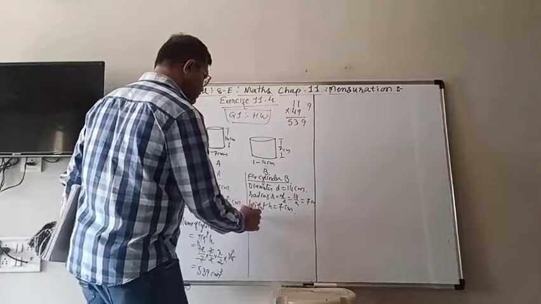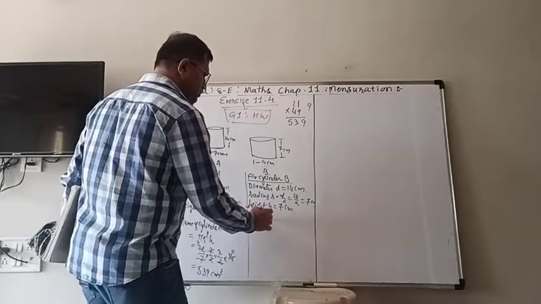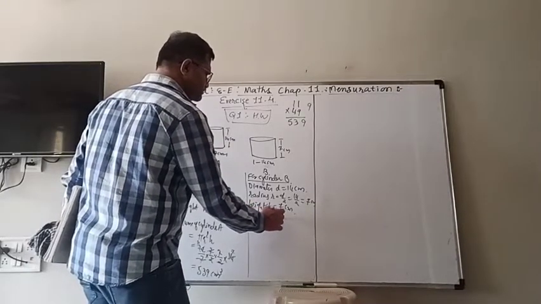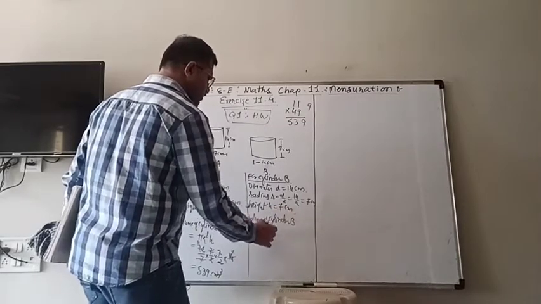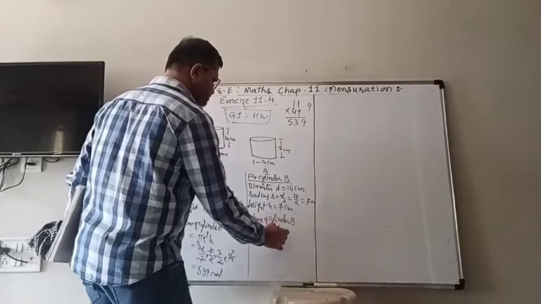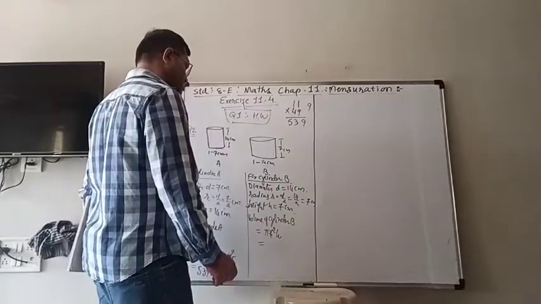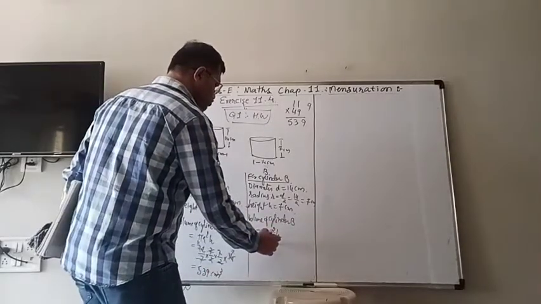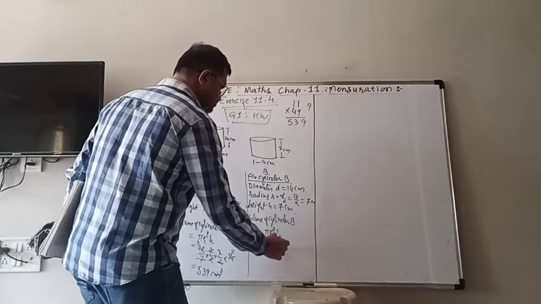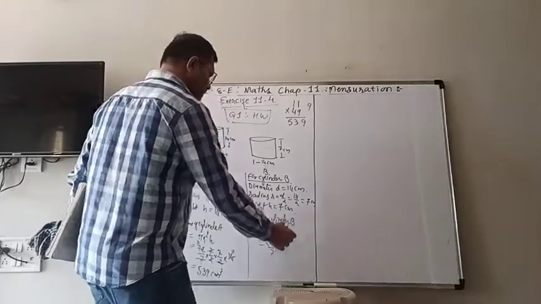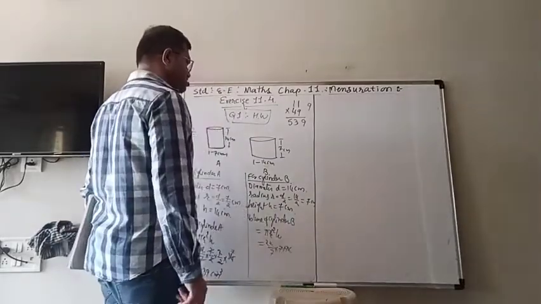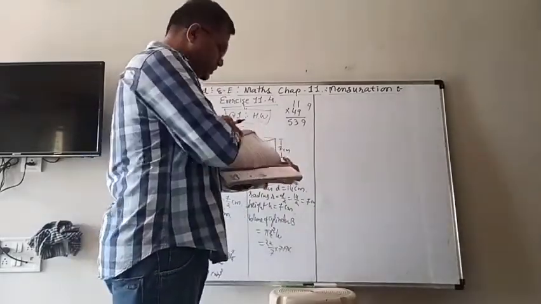So now volume of cylinder B is equal to pi r square h, that is 22 upon 7 into 7 into 7 into height is also 7 centimeter.